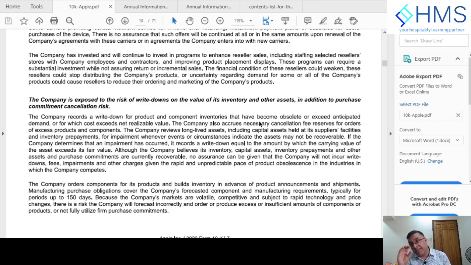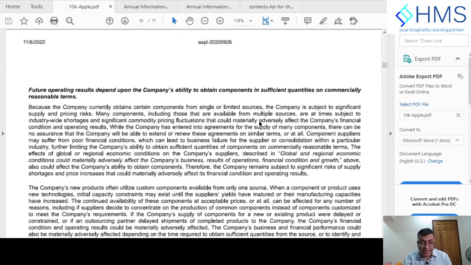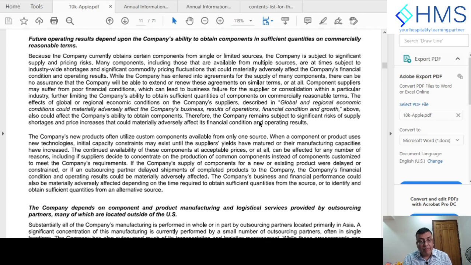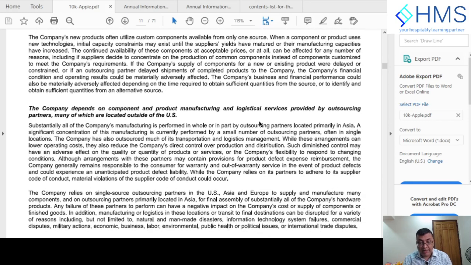So there may be significant write downs on inventory, and that is again a risk the company has. The company tells you all the risks it can foresee in its operations so that you can understand them.